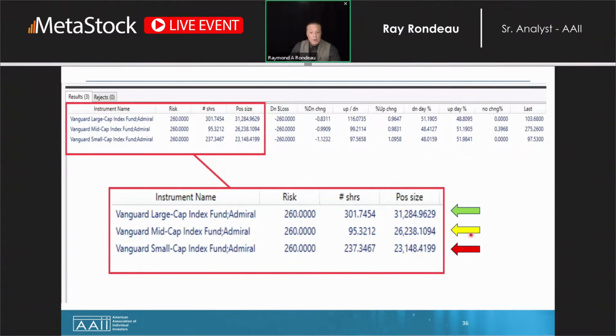Mid caps would be the second most volatile, as ProV shows us. And here we would purchase around $26,000, the yellow arrow. Large cap, the most stable group, would purchase the most at around $31,000 worth. And it gives you the amount of the shares at the current prices.